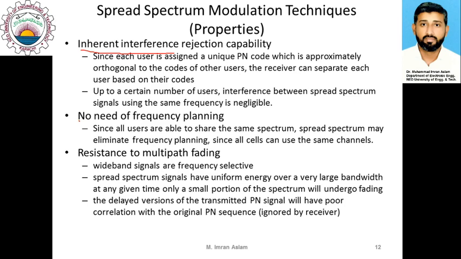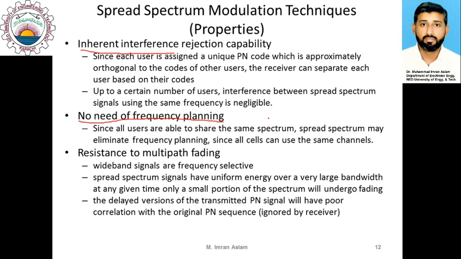Secondly, as we are using the same frequency band to accommodate all the signals, the spectrum is basically shared among all those users. So we do not need any specific type of frequency planning. If you recall, in our initial lectures we had a detailed discussion on frequency planning, which is an important aspect of cellular system planning.